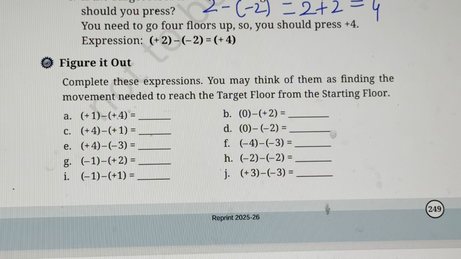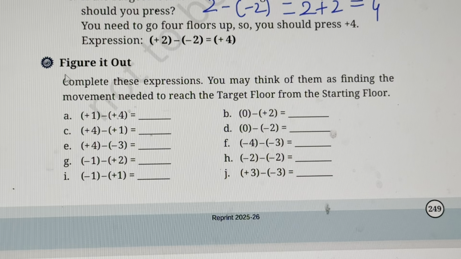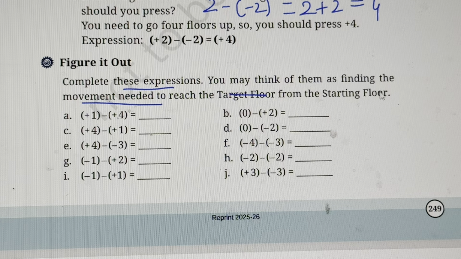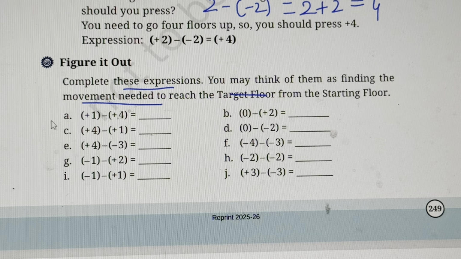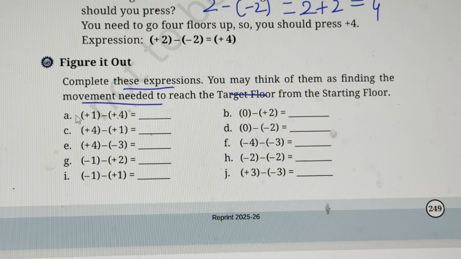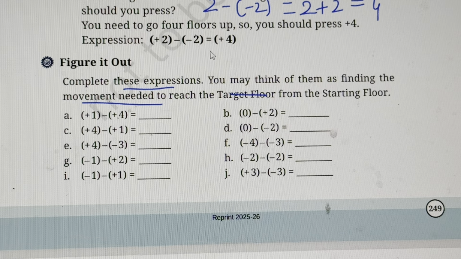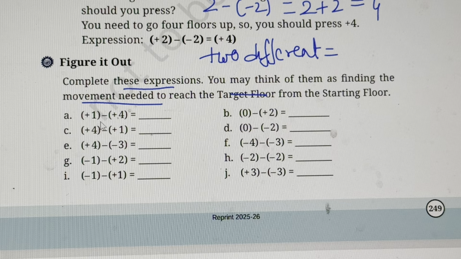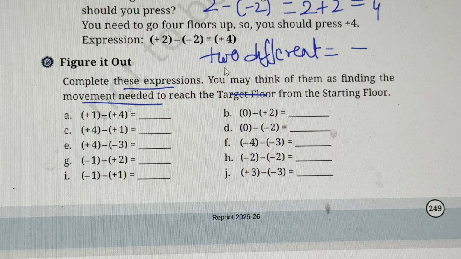Now, based on the understanding, we'll solve this figure it out exercise. Complete these expressions; you may think of them as finding the movement needed to reach the target floor from the starting floor, right? So again, we use the same concept, but you should also know some rules which will help you. If there is a bracket and there are two different signs, it means you are multiplying, so it becomes minus.